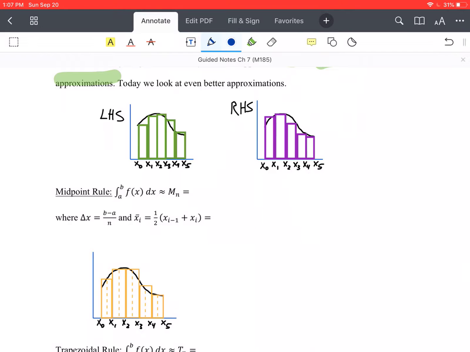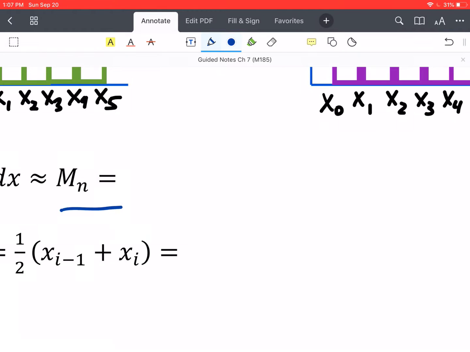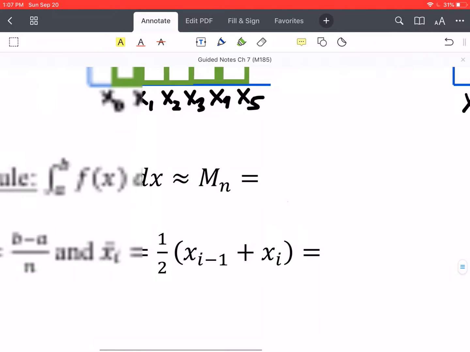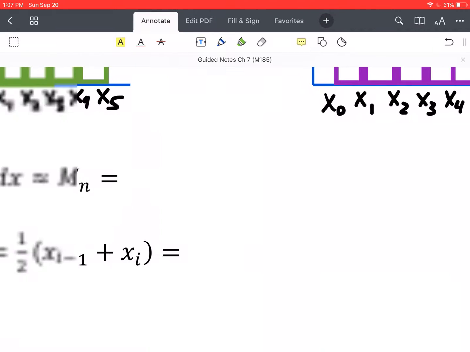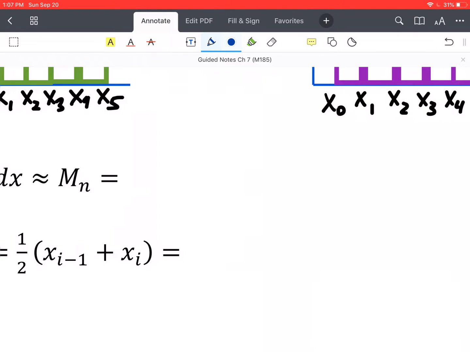So the midpoint rule says that the value of the integral from a to b of f of x dx is approximately equal to M sub n. That's the notation we use for the midpoint rule with n subrectangles.